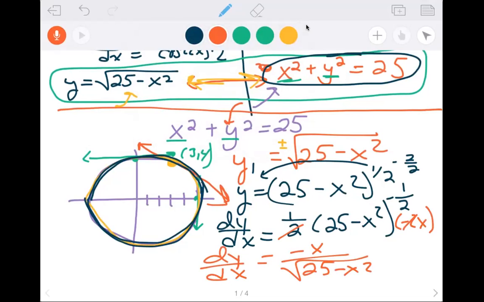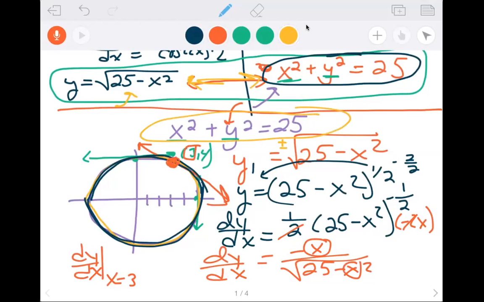Notice all I need to do to find the slope of the tangent line right here is plug in a 3. So the derivative of y with respect to x at x equals 3, because it's only a function of x. I took this implicitly defined function and I solved it for y. And you might say, well, that's what I always want to do. Oftentimes it's difficult and not even possible to solve a relationship for y.